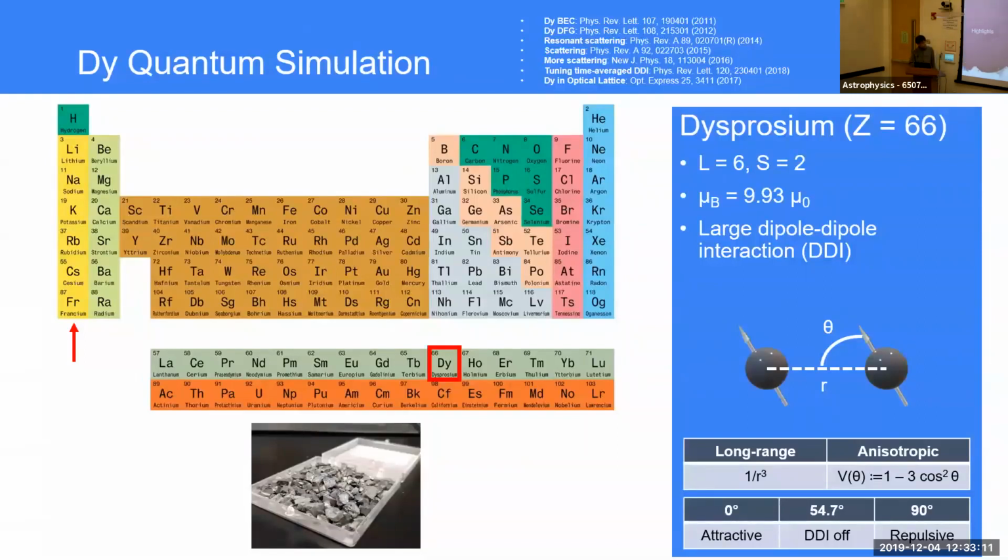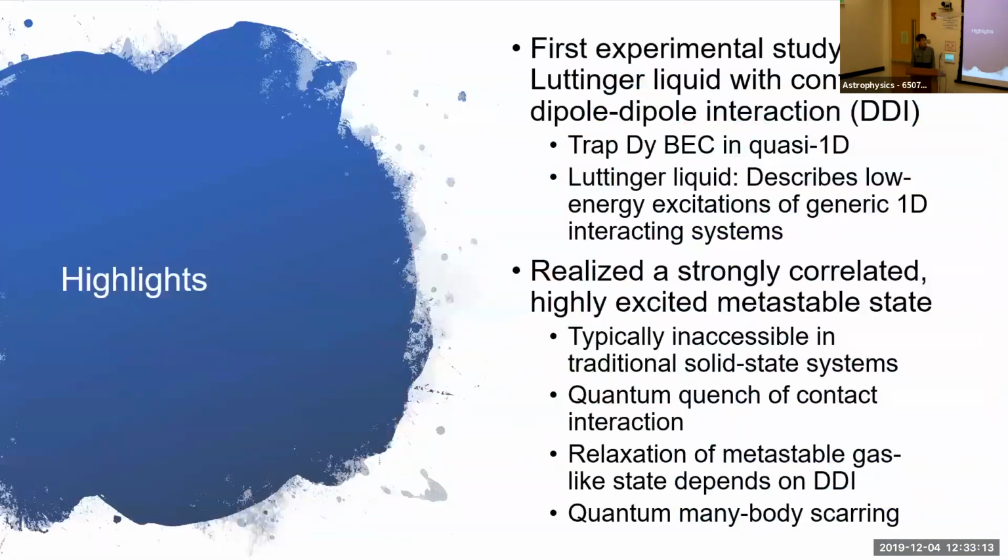Now I will provide you with some highlights of the project that I'm going to tell you about today. I will present the first experimental study of a Luttinger liquid with both contact and dipole-dipole interaction. We realized this by trapping a dysprosium Bose-Einstein condensate in quasi-1D. Just a side note, a Luttinger liquid is an effective field theory that describes the low energy excitations of many generic one-dimensional interacting systems.